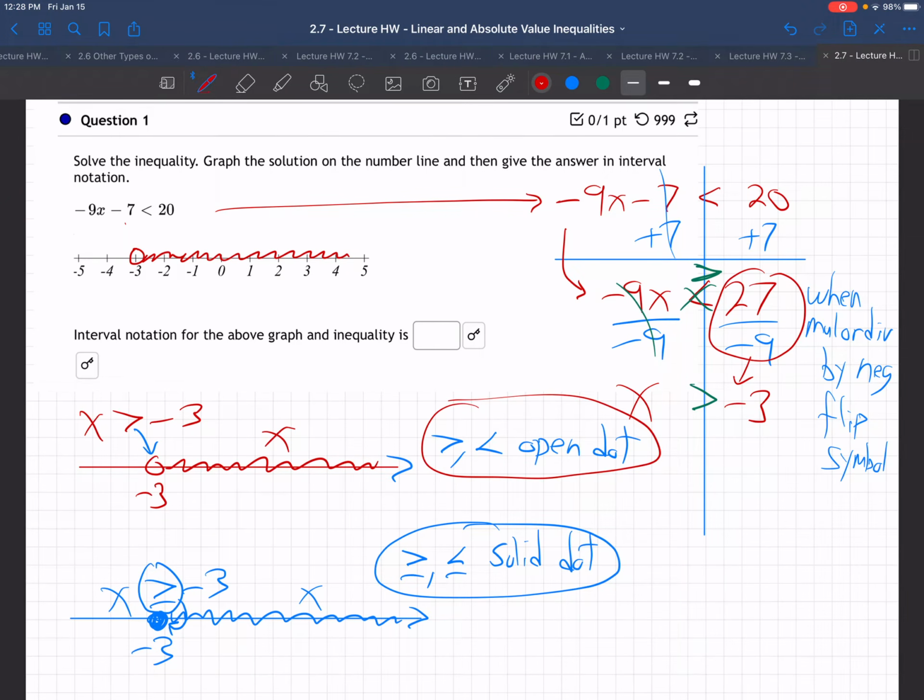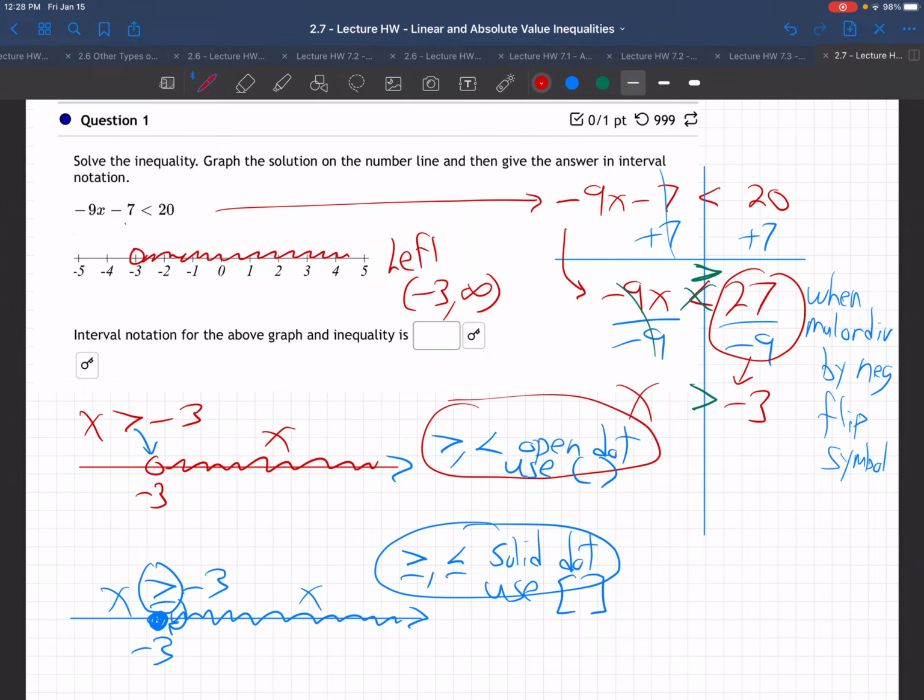Open dot. Now we also have the interval notation, and we use parenthesis, and down here we use brackets. So I want to give you those two pieces of information. When I give the interval notation answer for this one, it's going to be parenthesis negative 3 to infinity. Why? What is interval notation?